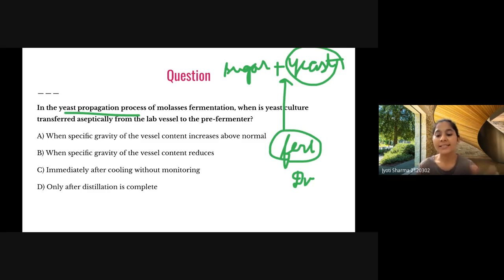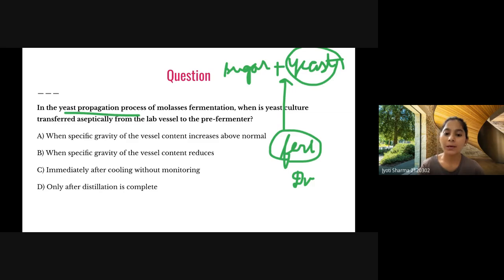So when this yeast culture that we created is transferred to the pre-fermenter, how will we get to know that this is the right time to transfer it? Let me see the answer.